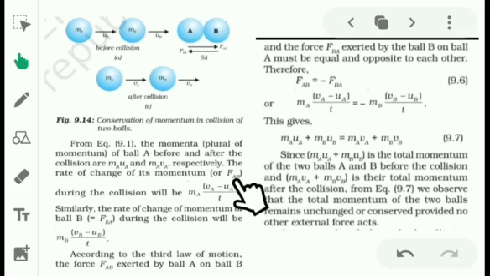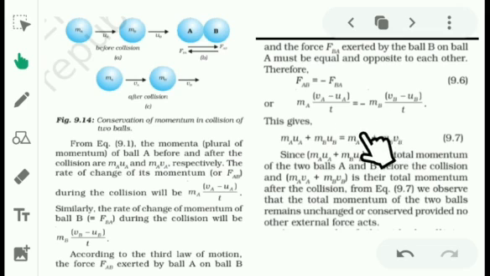Now the rate of change of momentum of ball A is MA into (VA minus UA) upon T. Similarly, the rate of change of momentum of ball B is MB into (VB minus UB) upon T. So FAB is equal to MA(VA minus UA)/T, and FBA is equal to MB(VB minus UB)/T. But action is equal to minus reaction, because action and reaction are equal but opposite. So FAB is equal to minus FBA.